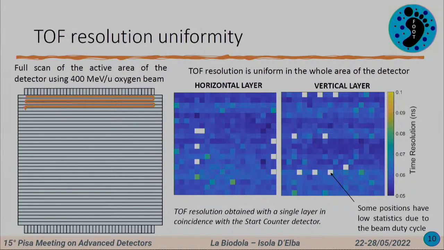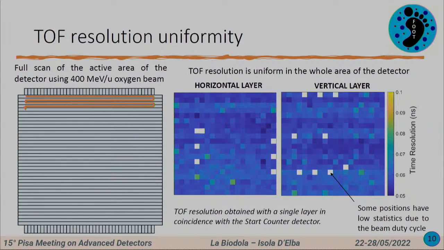So we checked also the uniformity in the resolution of the TOF detector. To do that, we scanned the detector, moving it continuously and keeping the beam impinging on all the possible intersections of the bars. And as you can see, the resolution is quite uniform, between 50 and 60 picoseconds.